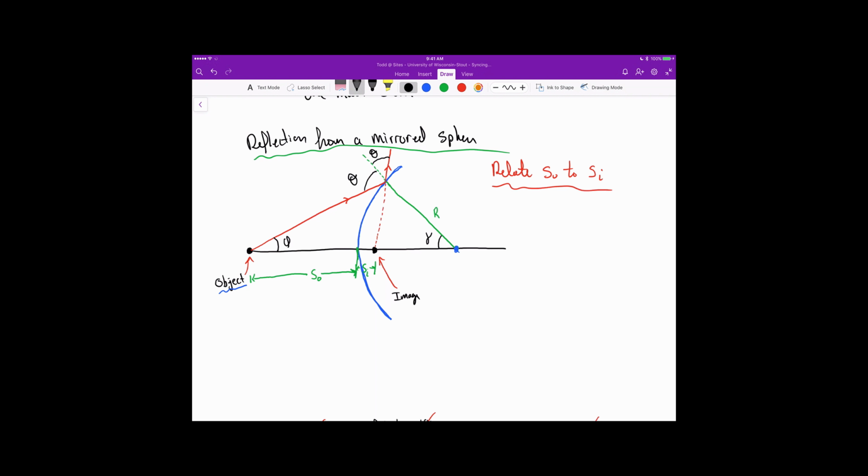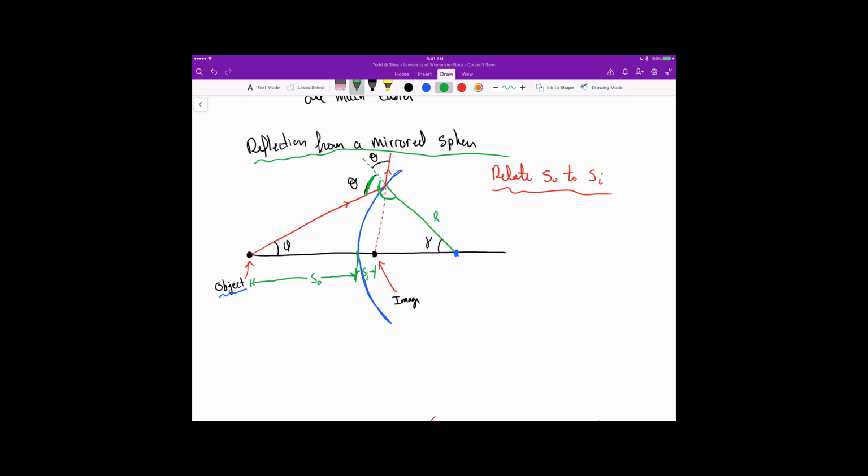So I noticed that this arc right here is 180 degrees. And with theta right here, that means that the difference between those two arcs, in other words, this right here, is equal to 180 minus theta.